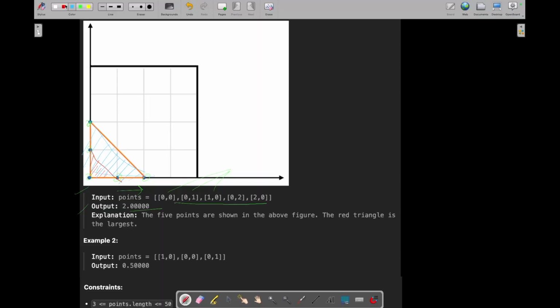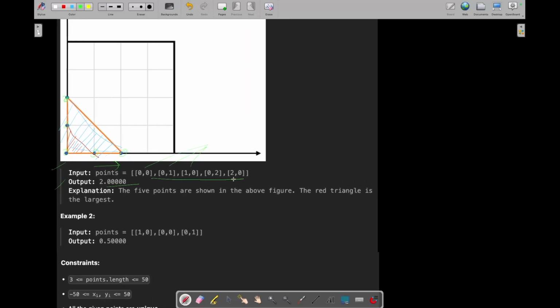But how will we calculate, how will we get to know the largest triangle programmatically? One brute force approach, and actually it is the approach for this question, is that you can iterate on all the points and try all the combinations, let's say i, j and k.